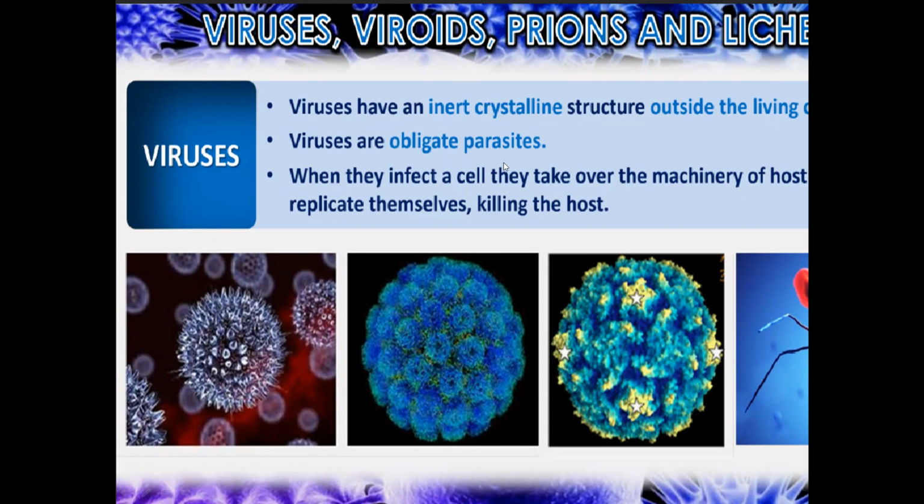Virus is an obligate parasite, which means it cannot live without the host. They can reproduce only within the host. When they infect a cell, they take over the machinery of the host. For example, if coronavirus infects a human being, it takes the machinery of the cells.